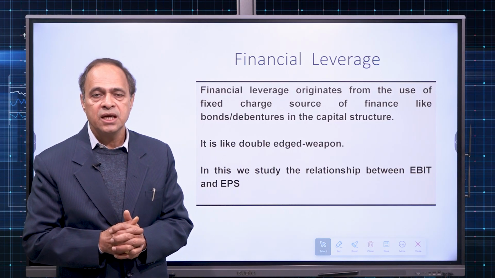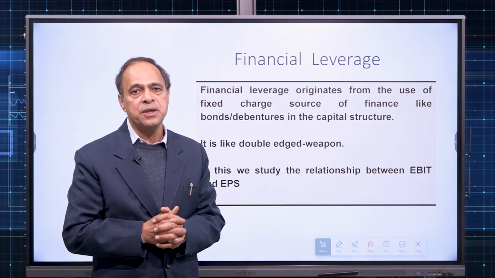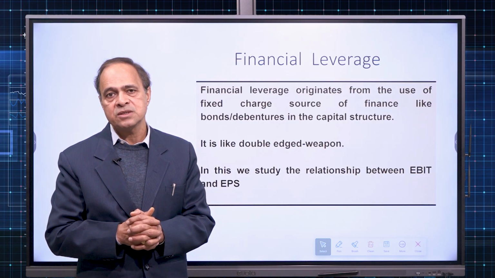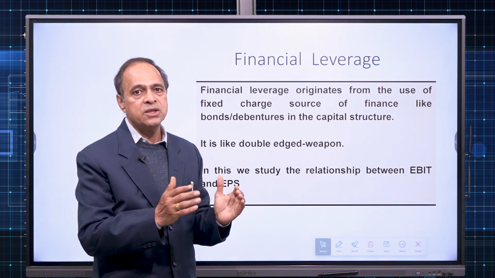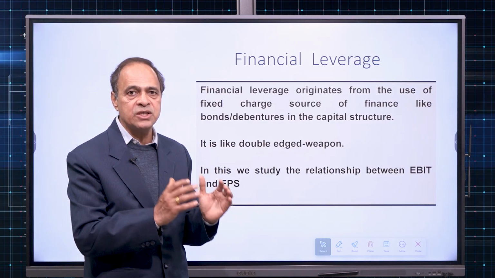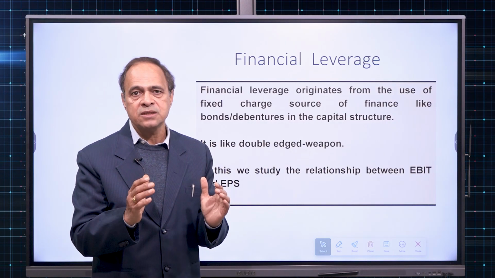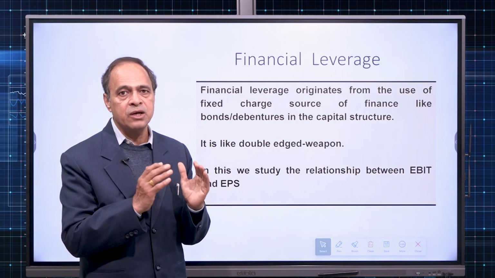When do we say a company has an unleveraged capital structure? When the company is not using bonds, debentures or preference shares, the capital structure is purely unleveraged, 100% financing by equity.